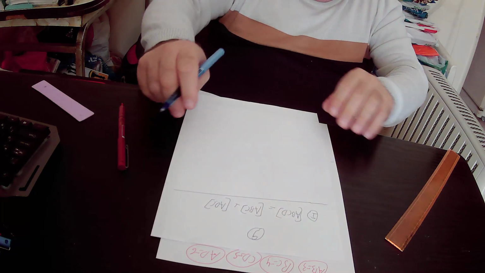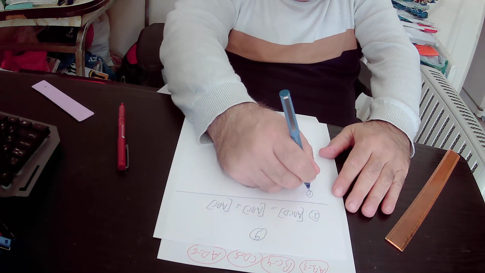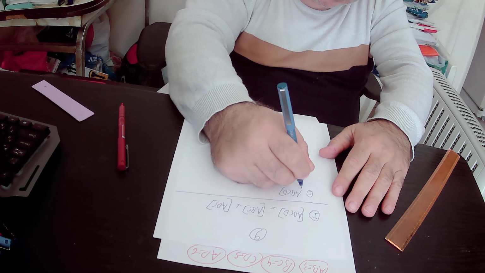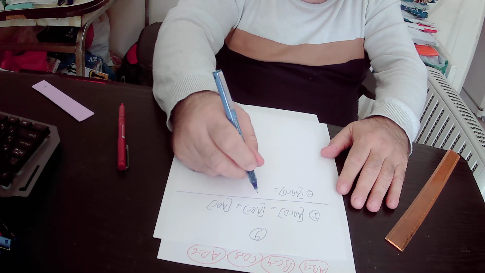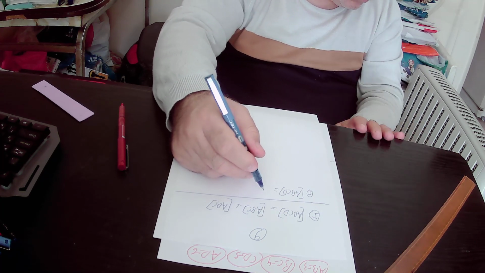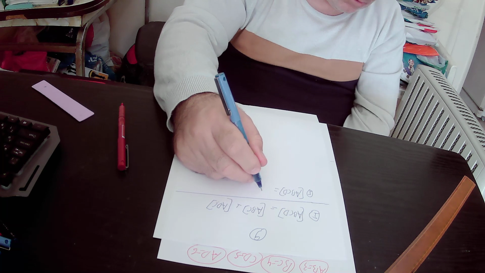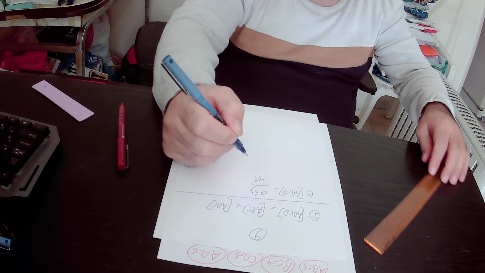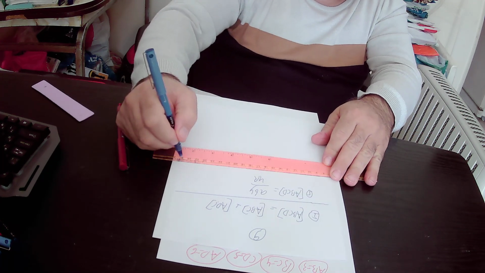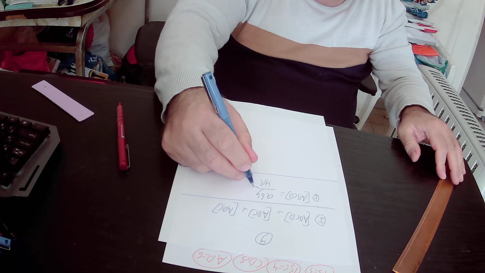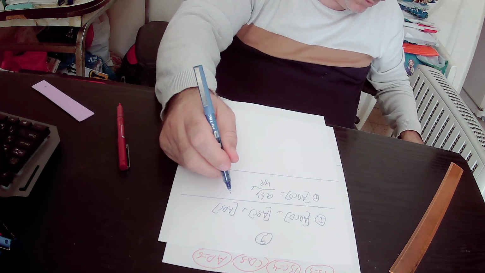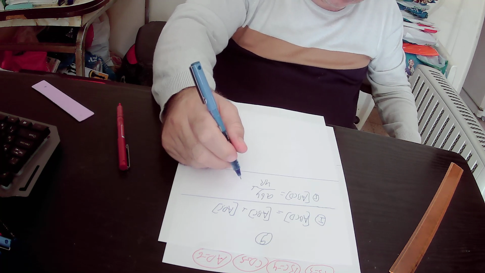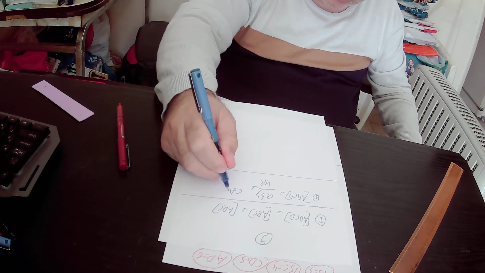So the area of quadrilateral ABCD according to question number 1 equals the area of triangle ABC, but we already found out that the area of triangle ABC equals ABY over 4R, plus the area of triangle ADC, which we have already found out equals CDY over 4R.